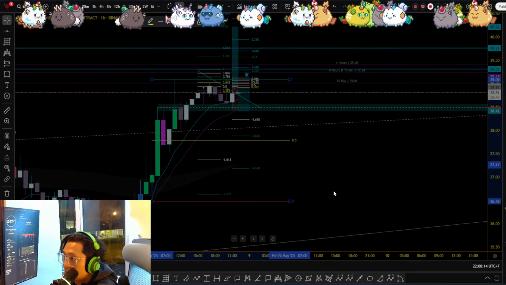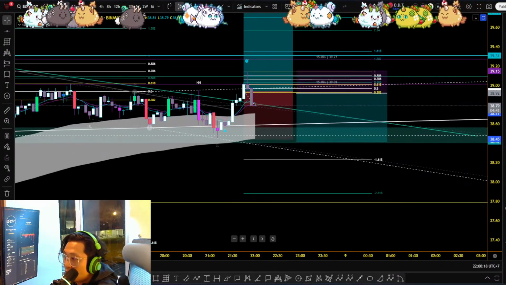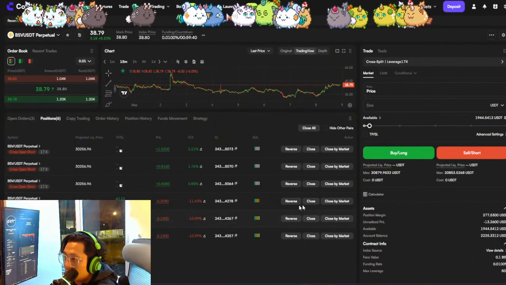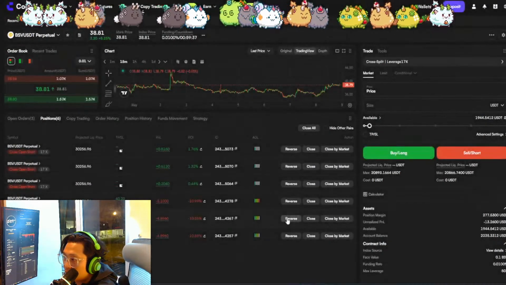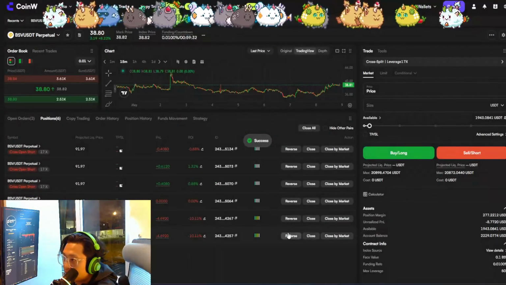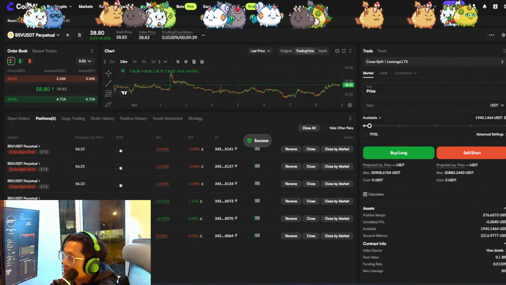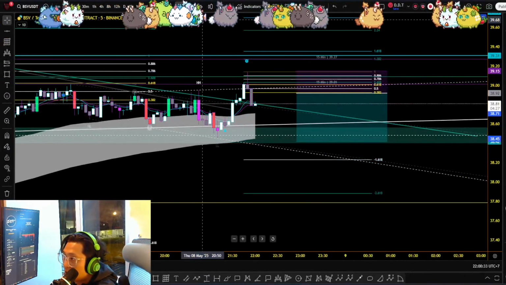Okay, the candle moved. Yeah, looks like a retrace. Okay, I'm gonna Uno all of it. I'm gonna reverse all of it. I'm gonna short. Okay, short.